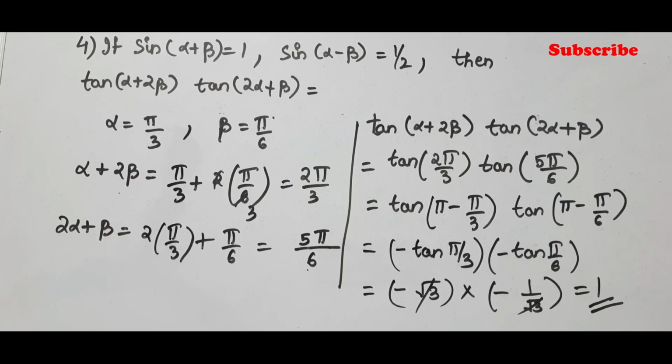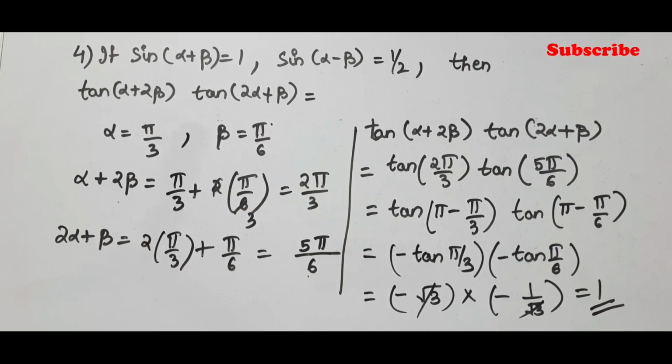Okay. So when they give this type of problem, that is, if sine of alpha plus beta is equal to 1, sine or cos of alpha plus beta or alpha minus beta, and they ask for the value of any tan or cot or cosecant, any trigonometric function of the sum or difference of two angles, simply first get the values of alpha and beta and substitute there, then you can easily get it.